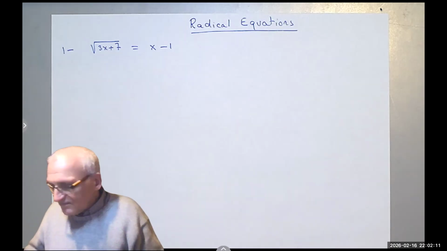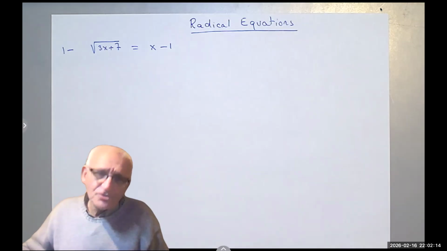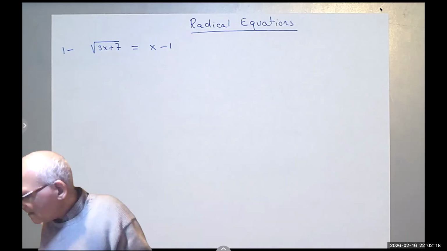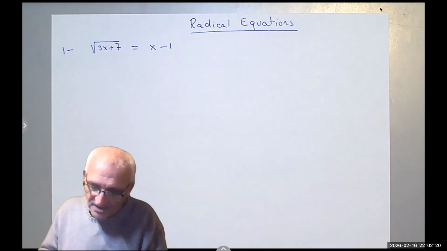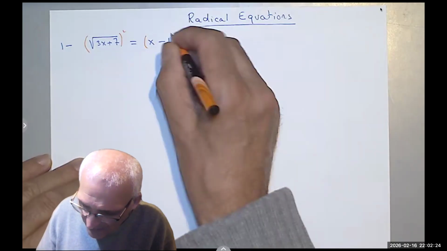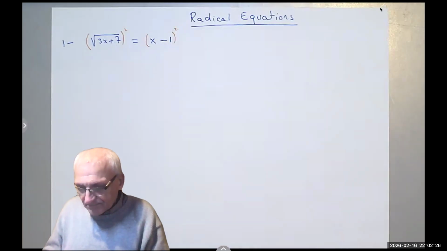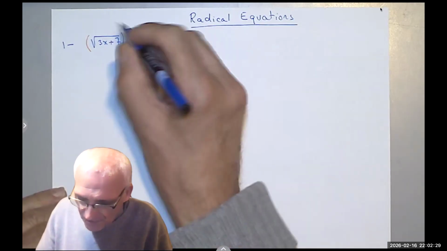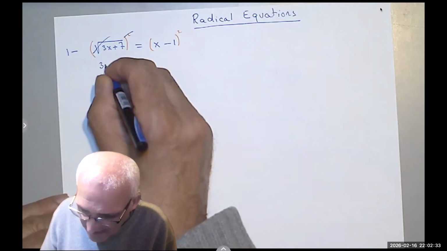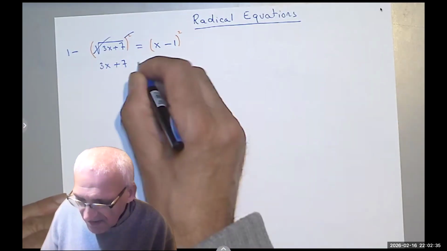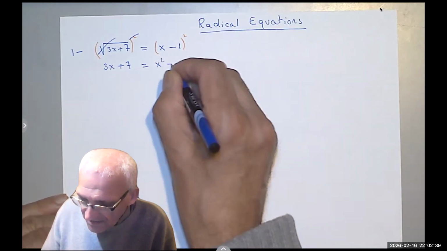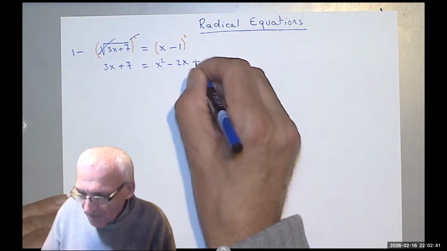So now let's solve the first one, which should be pretty straightforward, right? We said we are going to square both sides. So let's square the left-hand side and square the right-hand side. The square cancels the root. So I get 3x plus 7 equals x squared minus twice x plus 1.